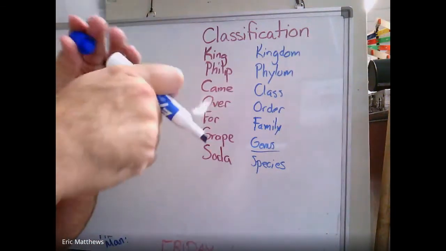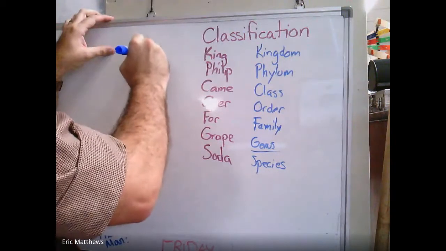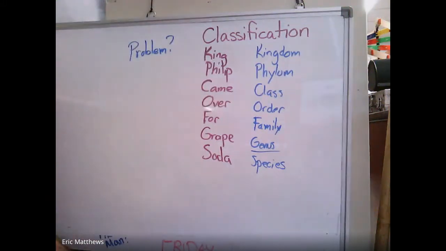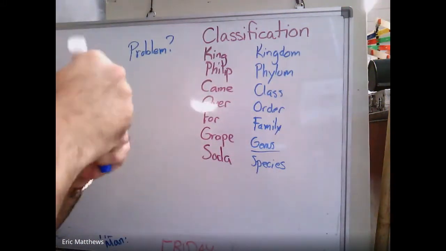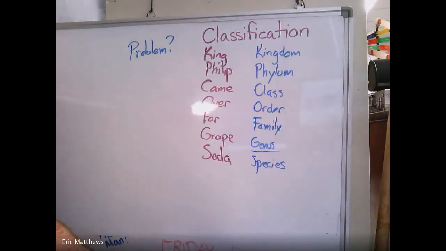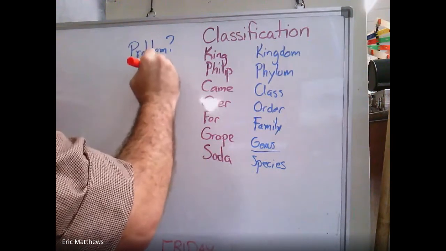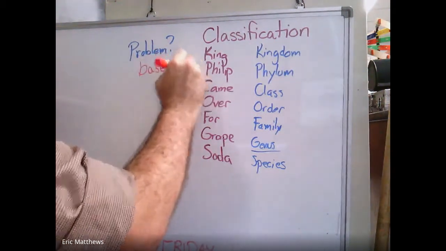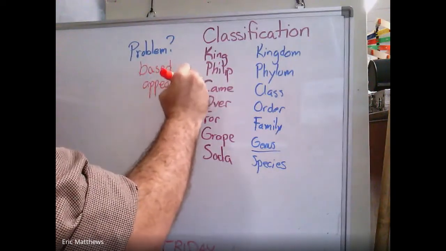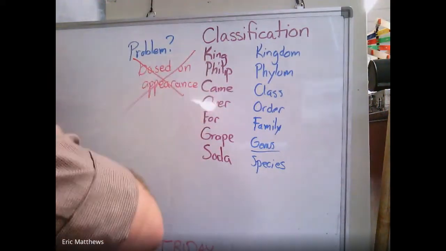Now remember, classification, the traditional form, had a problem. That problem was that the dude who started it decided, yo, look at all these things. Those 2 things look alike, so they must be related. Remember, it was based on appearance, which we know is not good.